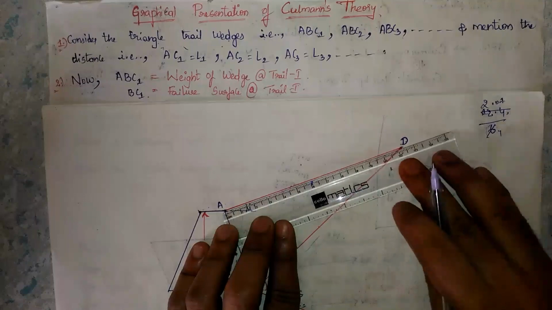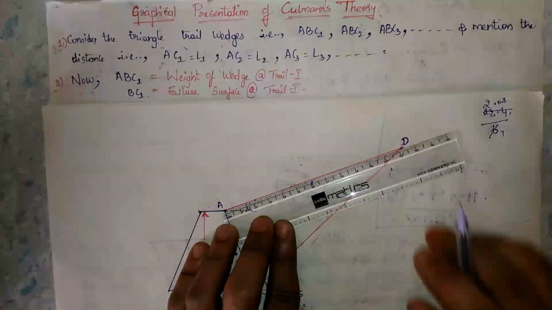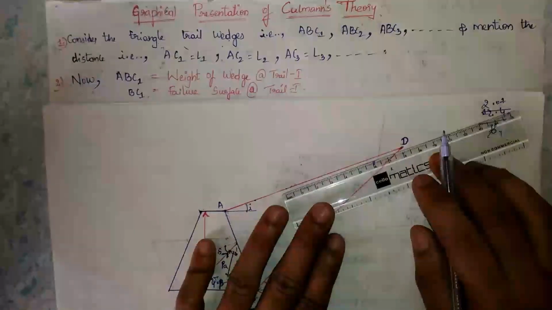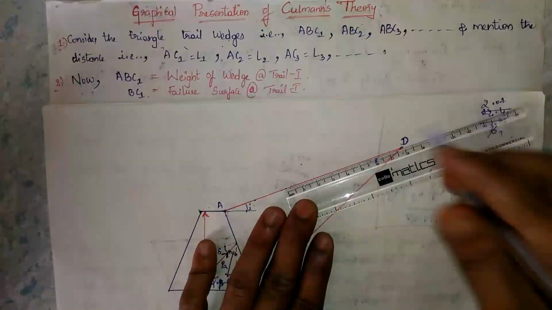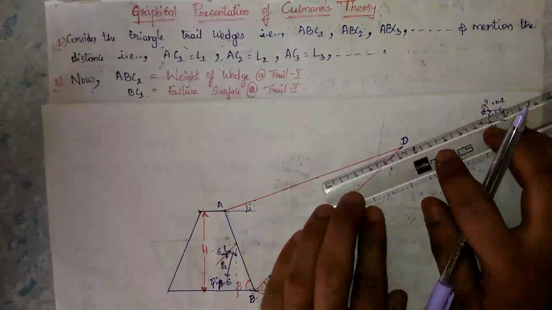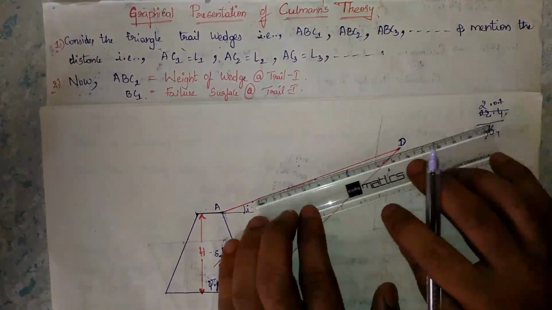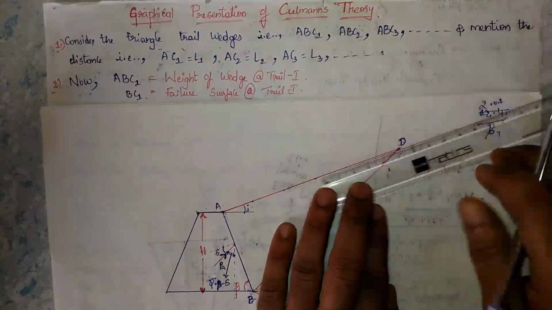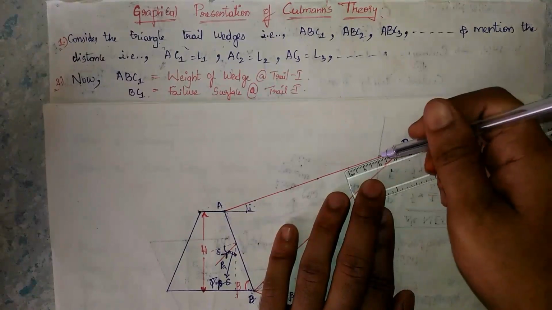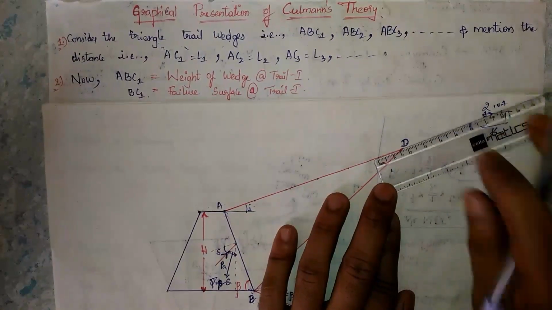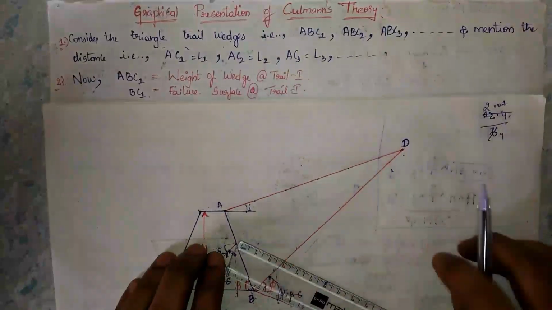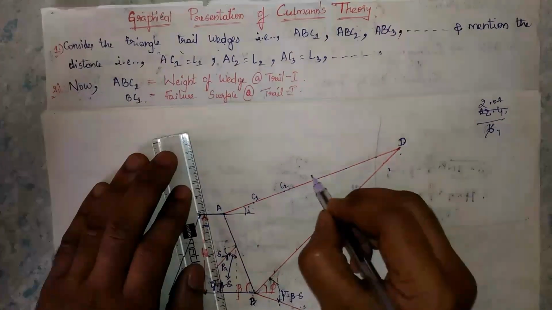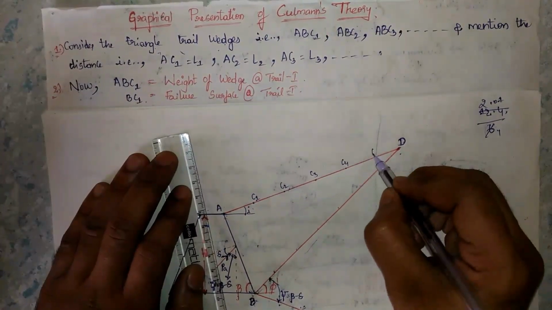So measure the point, 2.1, next here 2.1, next here 2.1, next here also 2.1, and the last one we got is 1.5-something. Leave that matter. Now these are the points C1, C2, C3, C4, C5.